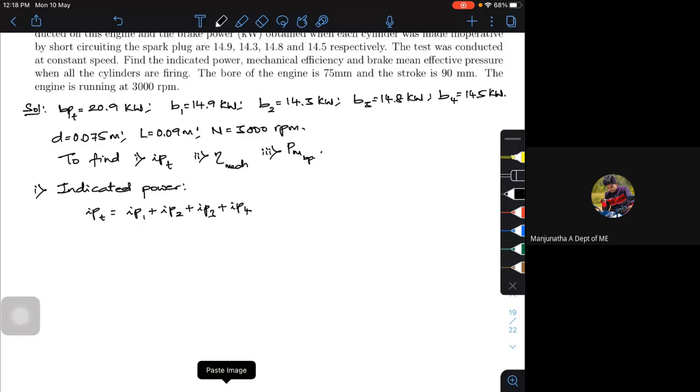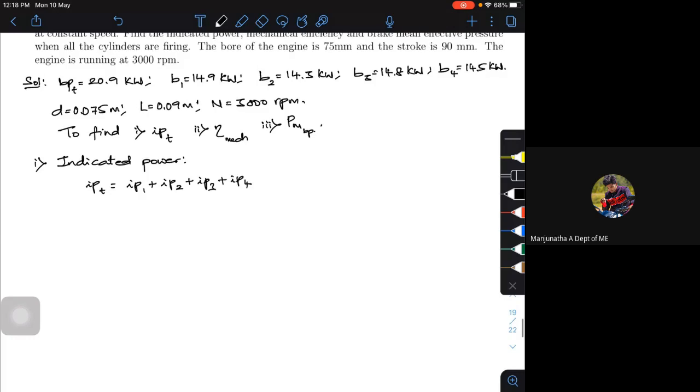So the same equation I can write as: total brake power minus brake power with one cylinder cut off, plus total brake power minus brake power with two cut off, plus total brake power minus brake power with three cut off, plus total brake power, BPT, minus brake power with four cut off.